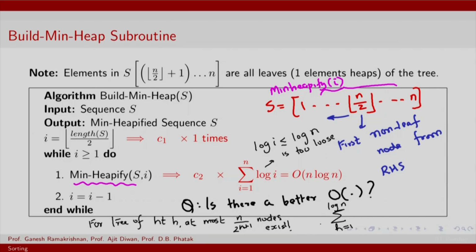right. This we know from the fact that an n element heap has height log n. So h equals log n, work backwards and find the maximum number of nodes in a tree of height h. So what we can do is add this scaling factor n divided by 2 raised to h plus 1, but this is now applied to a tree of height h.